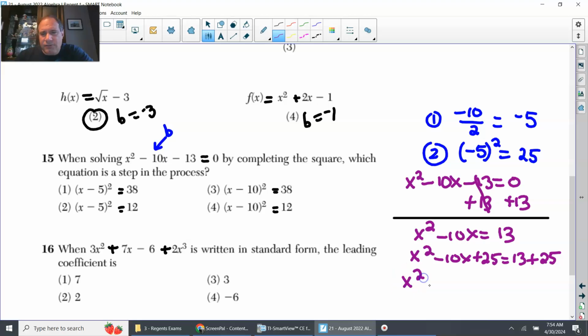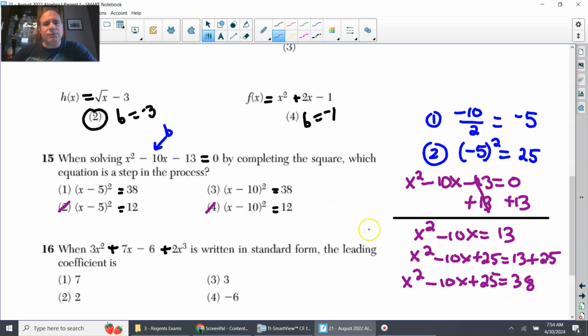So you get x squared minus 10x plus 25, and it equals 38. So, because 13 plus 25. Now, at this point, you could tell that this one and this one are out, because that equals 12. It's not going to equal 12.